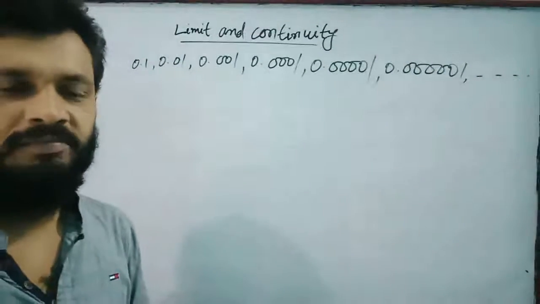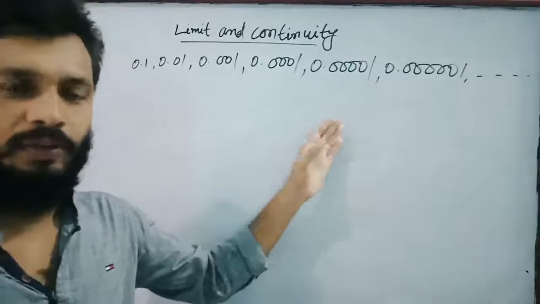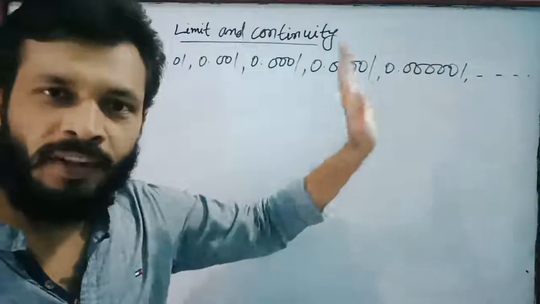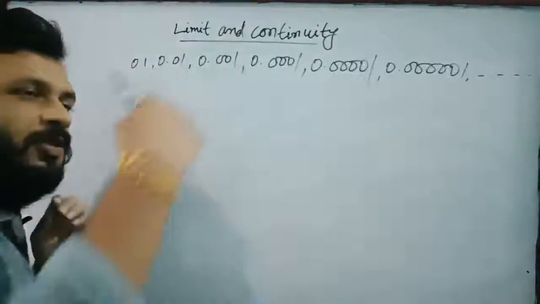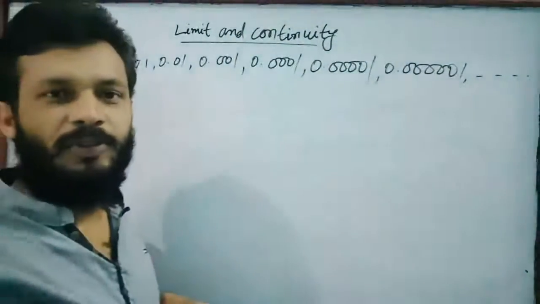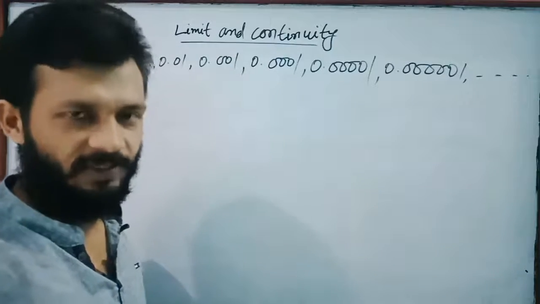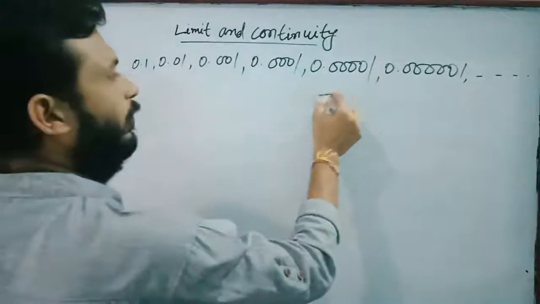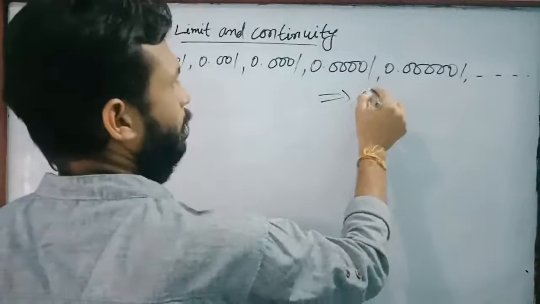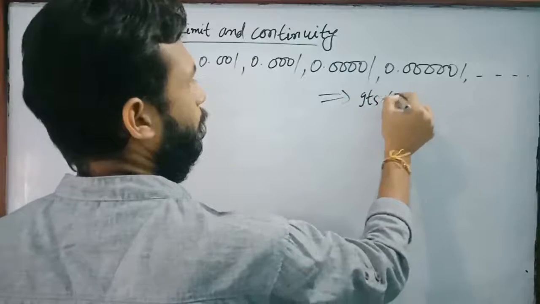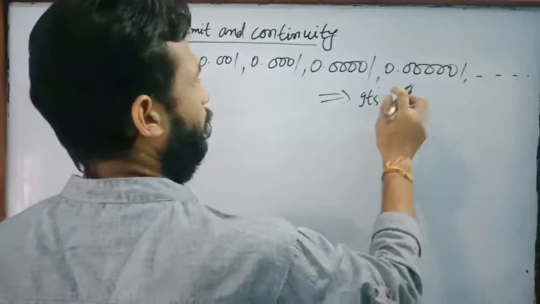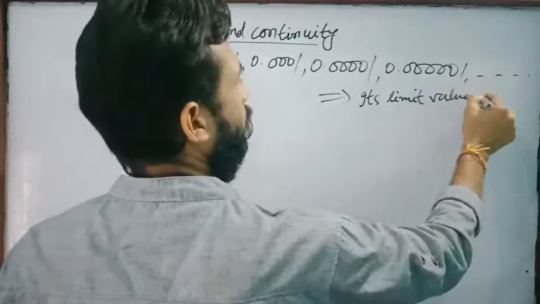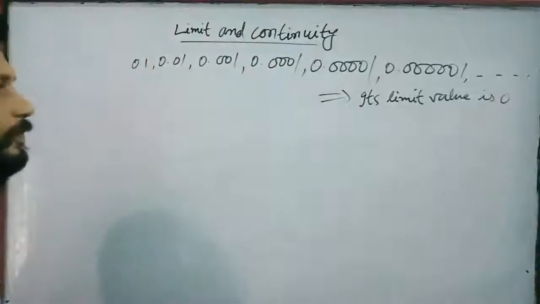Can you say? It is very simple. We can say its limit value will approach 0. So its limit value will be 0. Understood? We can write its limit value is 0.